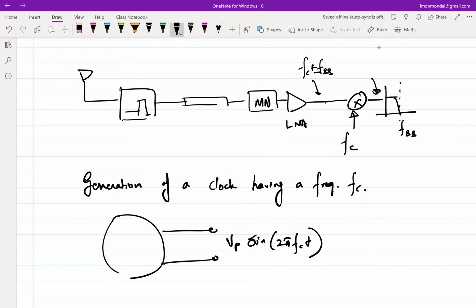Let me ask you, from your undergraduate days, what is any block that can generate a sinusoidal signal? An LC oscillator, right? Perfect.